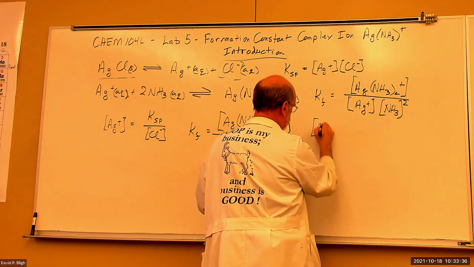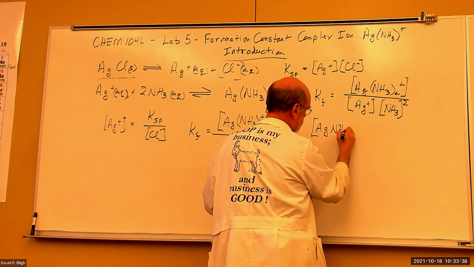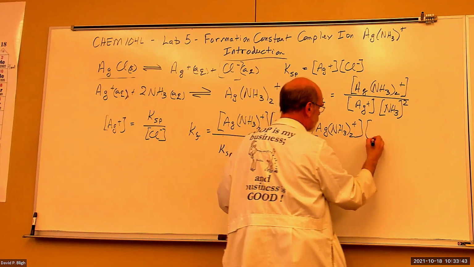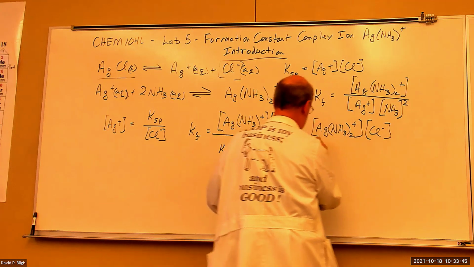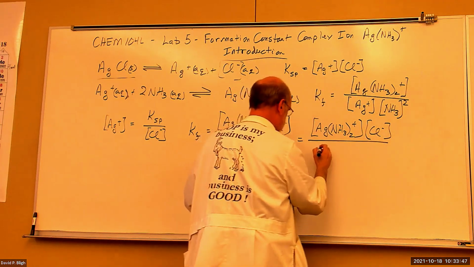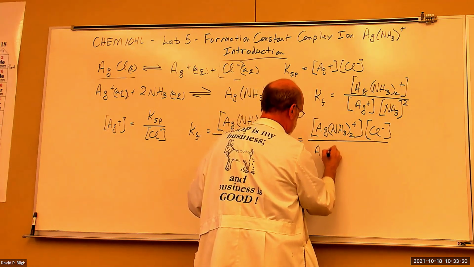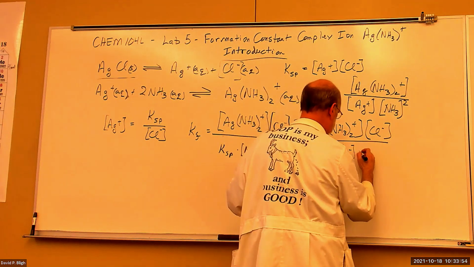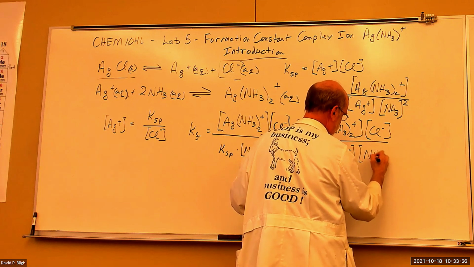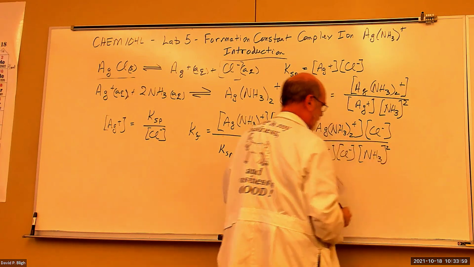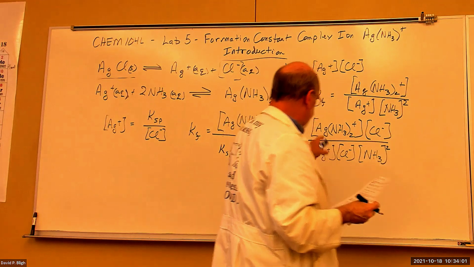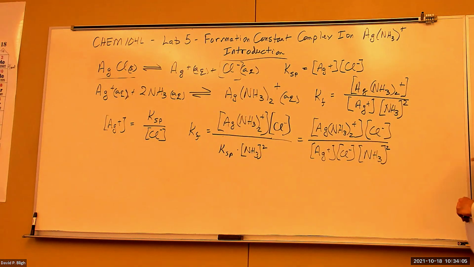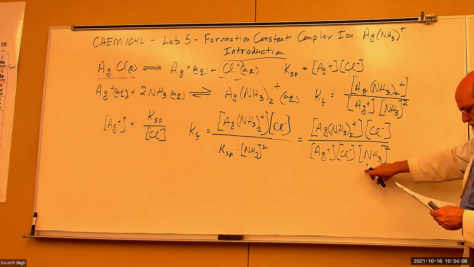So we've got this one still, this one, and this one: silver, chloride, and then ammonia. Now, if we use this to set up our ice table, it will look like this.